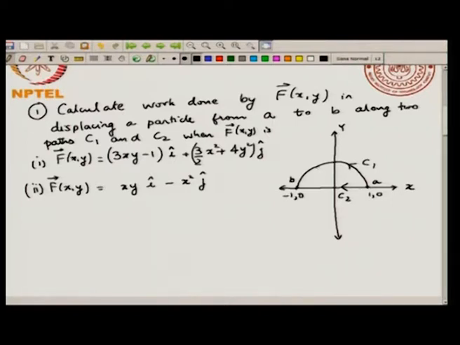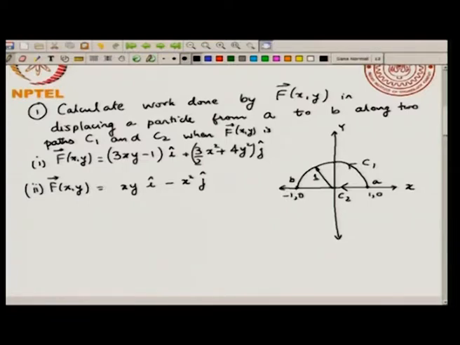Just to emphasize, the radius is equal to 1. So there are two possible paths going from A to B, and I am giving two possible forces. For each force you calculate the work done when the particle is moved along each path.